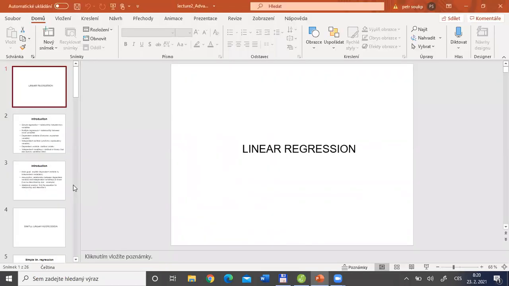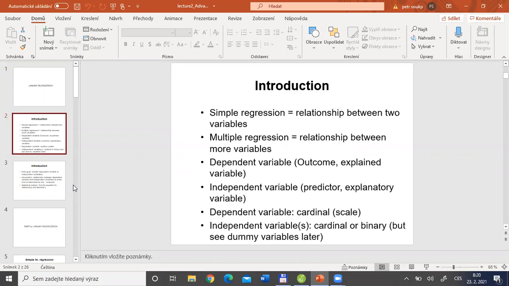So now we will briefly go through the presentation. Before we start the discussion and computation of regression analysis, we should discuss some basic terms. Usually we differentiate between so-called simple and multiple regression.